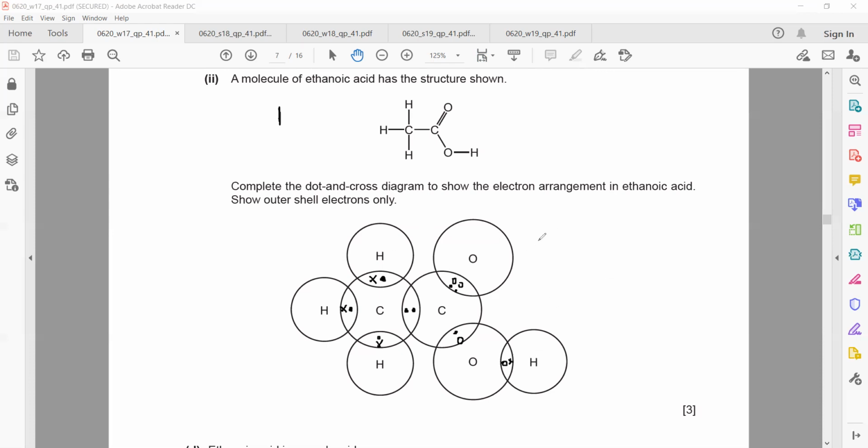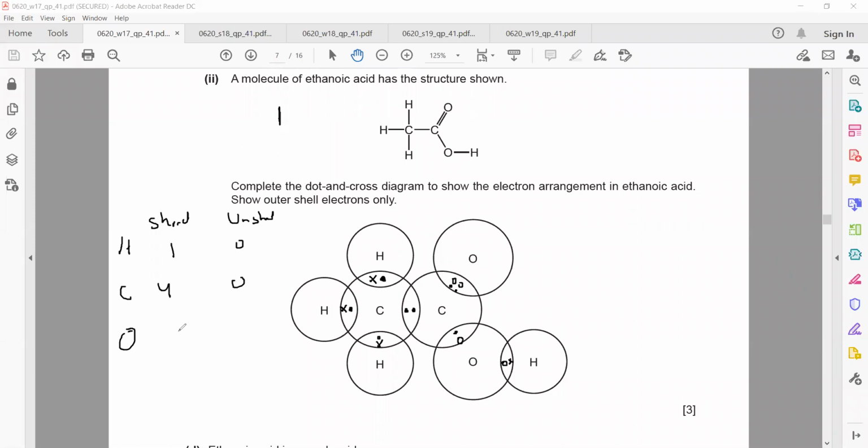We draw the shared electrons, but unshared also. Hydrogen shares 1, unshared will be 0. Carbon belongs to group 4, so it shares 4 and unshared will be 0.